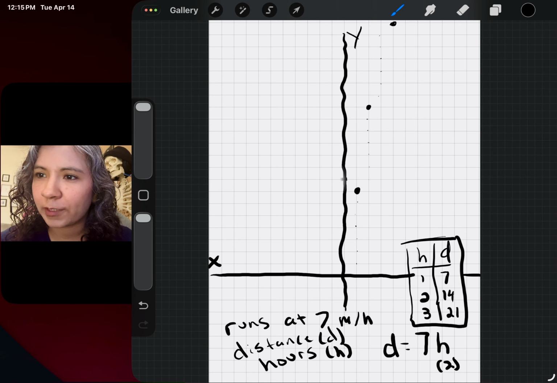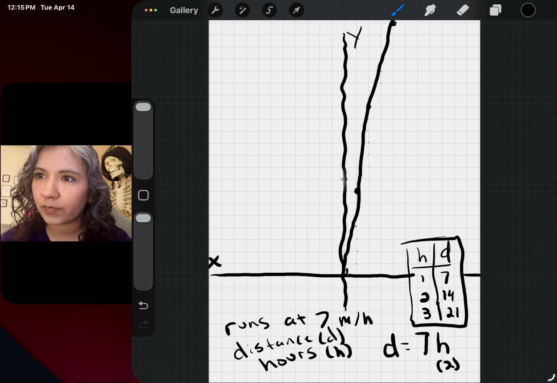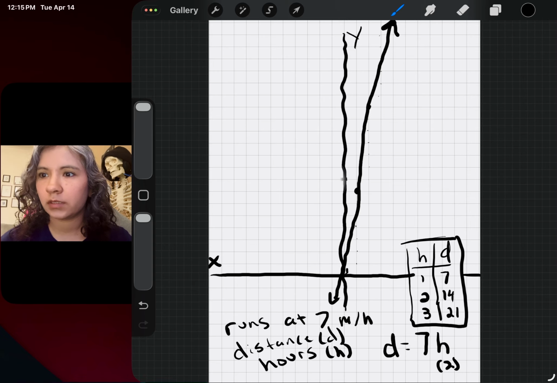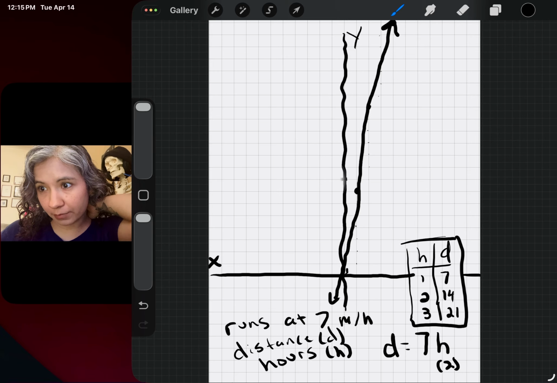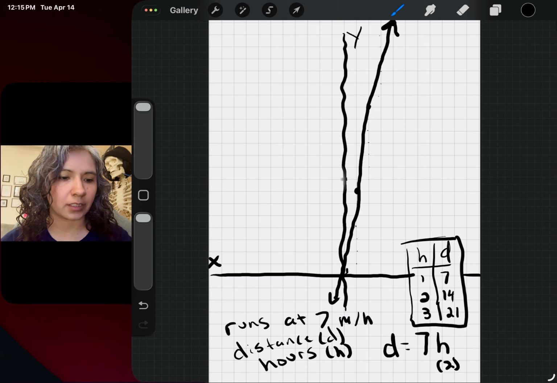So this is pretty steep. The line for that function would look very steep like that.